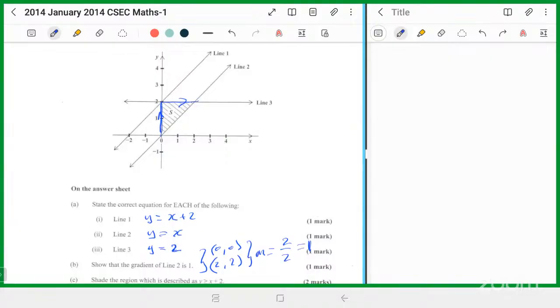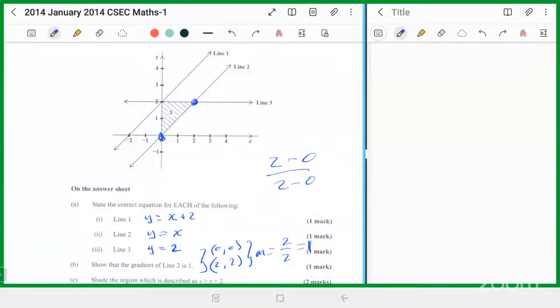Sir, could you also just use 2 points on the graph? Yeah, that's this one and this one. Those are 2 points that you know for sure: 0, 0 as I have here, and 2, 2. So it will be 2 minus 0 over 2 minus 0, this y value minus this y value divided by this x value minus this x value.